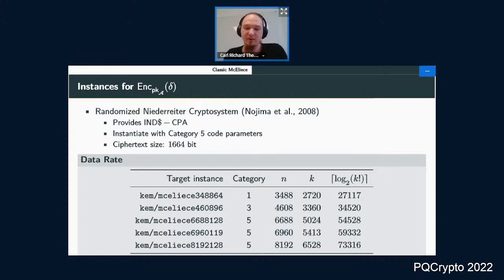So we have to pad this ciphertext with random data to uniformly select a permutation for the smallest parameter set. For the category 5 parameter set, this grows to around 73,000 bits. So there's plenty of space for, for example, post-quantum ciphertexts.